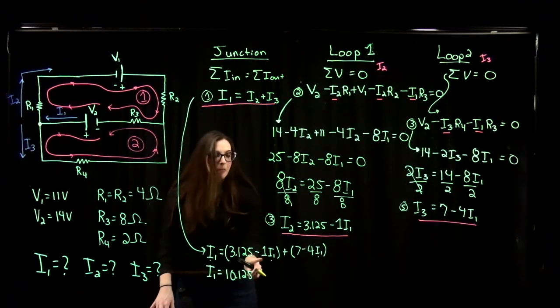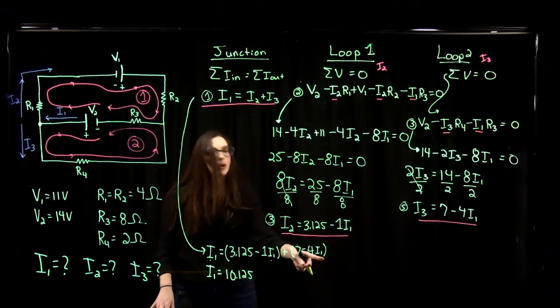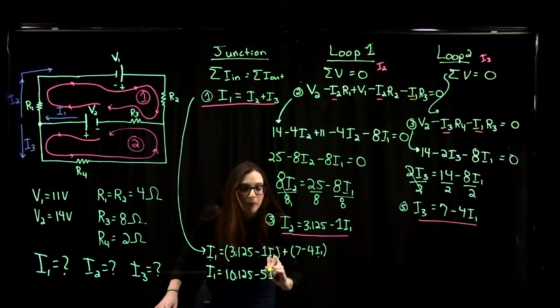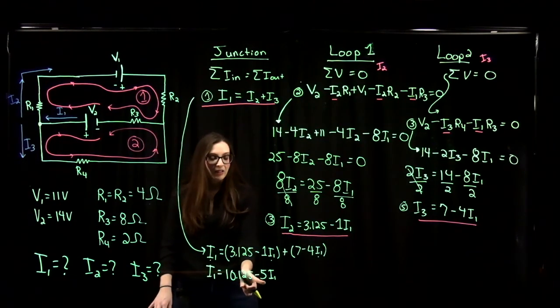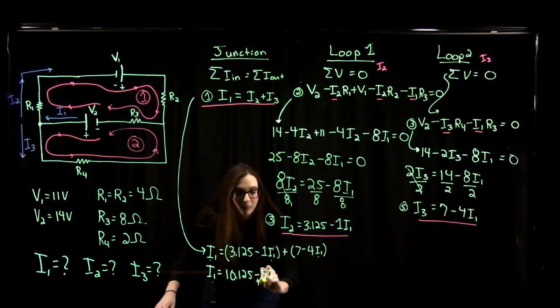I have minus 1 I1 plus minus 4 I1, so that's minus 5 I1. Now I add 5 I1 to both sides.